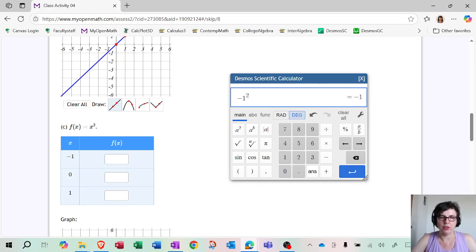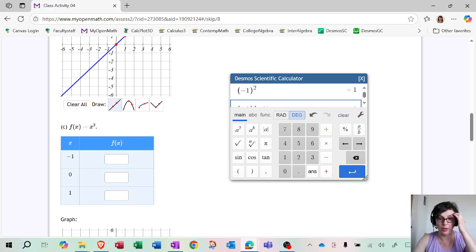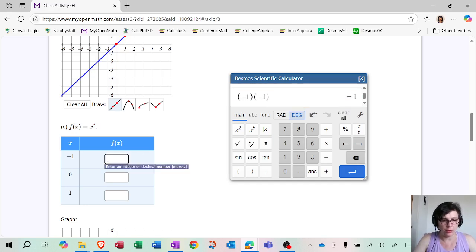But remember, when you plug in any number, you always put it in parentheses. This is just good practice. So this is wrong, because you need to put the -1 itself in parentheses and then square that. That's -1 multiplied by -1, which is +1. It's not -1, it's +1.